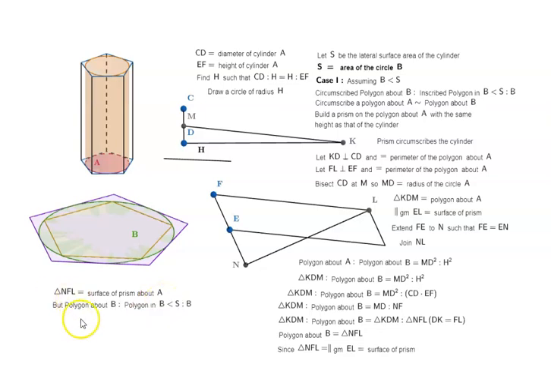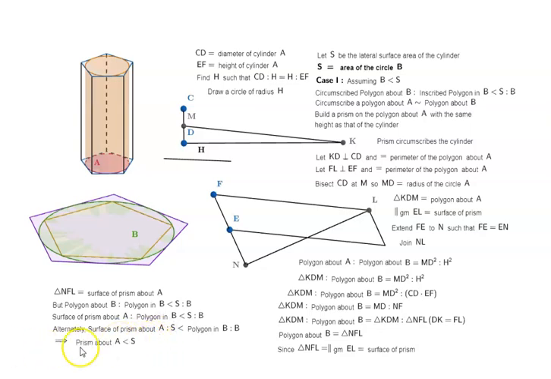But the polygon about B is to polygon in B is less than S is to B. So that means surface of prism about A is to polygon in B is less than S is to B. Or alternately, we can say surface of prism about A is to S is less than polygon in B is to B. Now, whatever property polygon in B and B have, the same will apply to this.